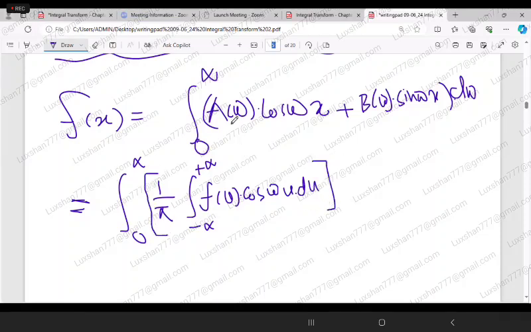Look carefully at what I am doing. I am replacing a(omega) by its value, that is 1 over pi integral from minus infinity to plus infinity of f(u) cos omega u du.